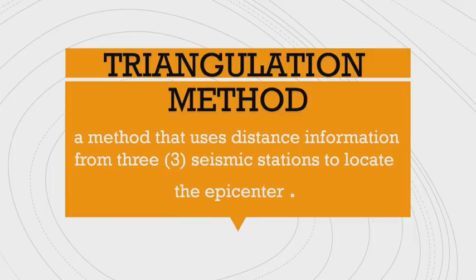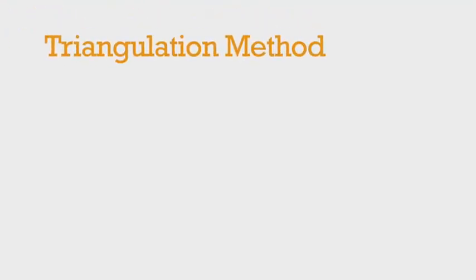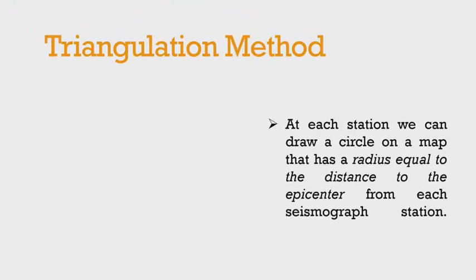From this lesson, you've learned the triangulation method, a method that uses distance information from 3 seismic stations to locate the epicenter. Further, in the triangulation method, at each station, we can draw a circle on a map that has a radius equal to the distance to the epicenter from each seismic station.